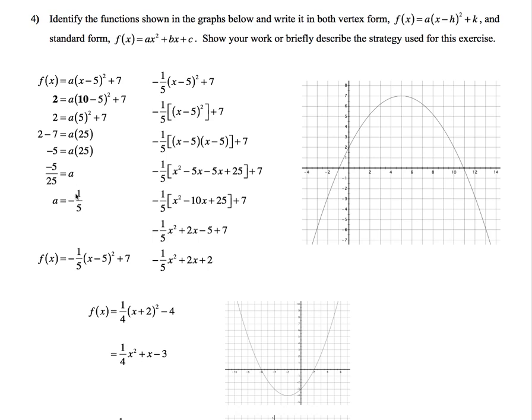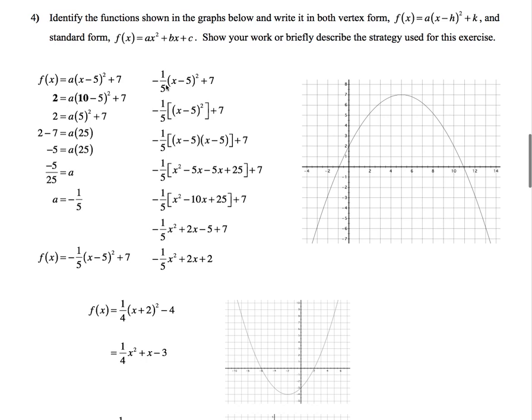Now, to determine the standard form of the equation, we substitute the a into the incomplete vertex form of the function that we came up with here, and then just multiply it out, expand, collect like terms, and then we will have our standard form.